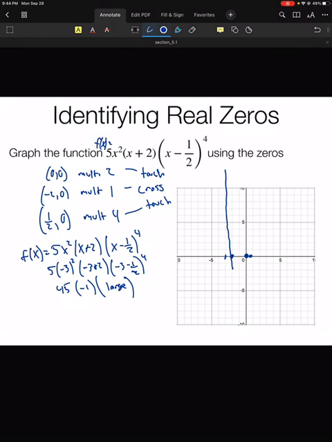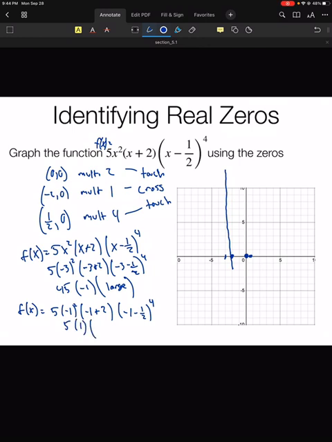So it's a really large number that's going to come down and cross at negative 2. Let's try negative 1. We have 5 times negative 1 squared, times negative 1 plus 2, times negative 1 minus a half to the 4th.